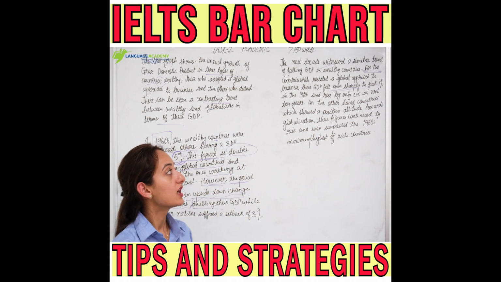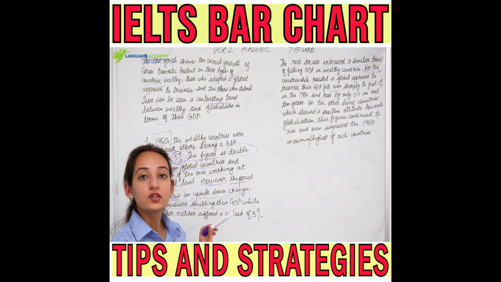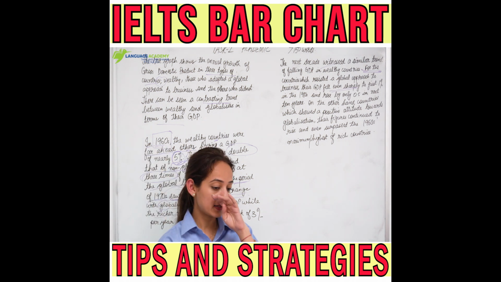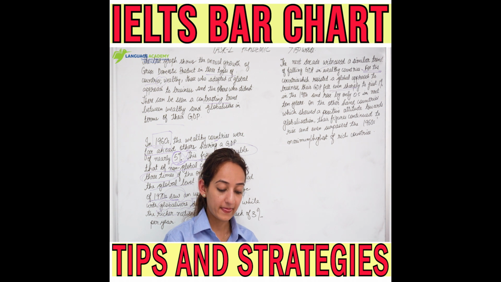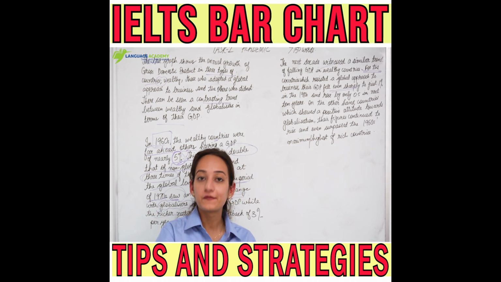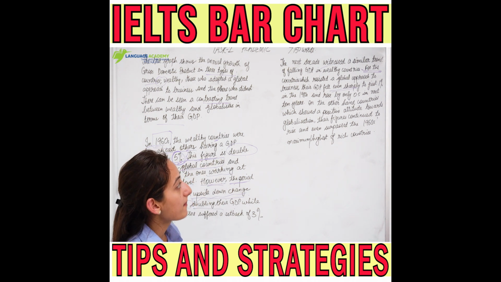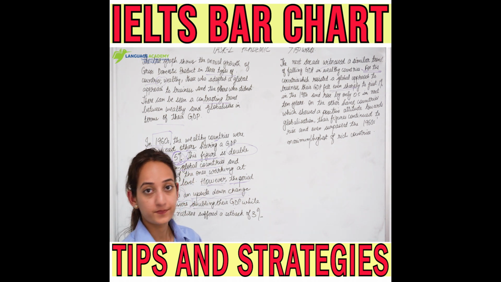Again, "sharply" is a vocab word used in the description of a chart to show a falling trend. Even sharply. Sharply means something which fell significantly, or at a sharp decline. Fell even sharply to just 1%.